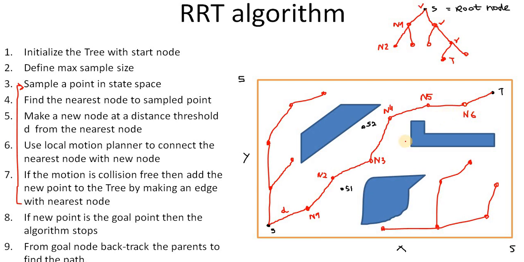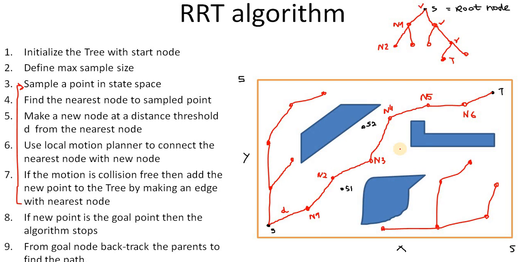So that's why this algorithm is fast as compared to grid search methods or graph search methods, but the disadvantage is that it is not optimal. Okay, it will not give you the shortest path. It will only give you a feasible path. Now what is a feasible path? A feasible path reaches the goal while avoiding obstacles.